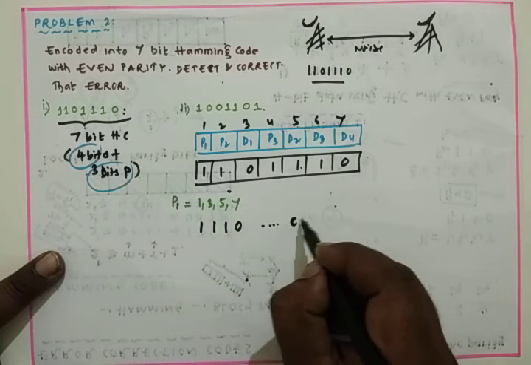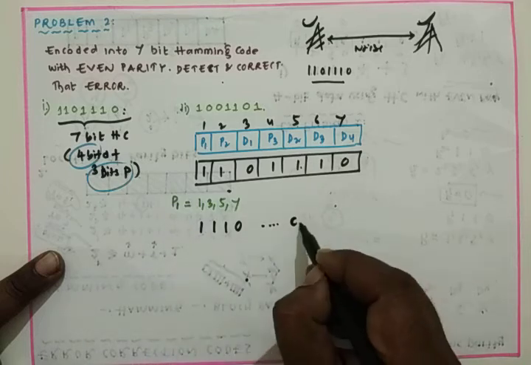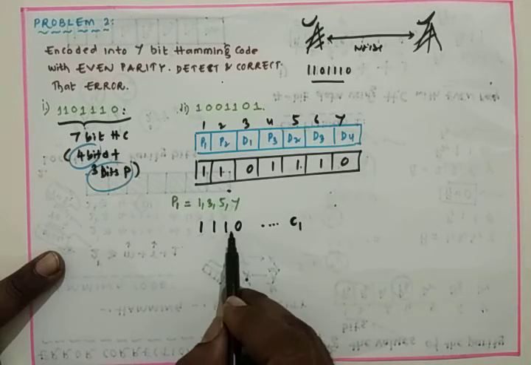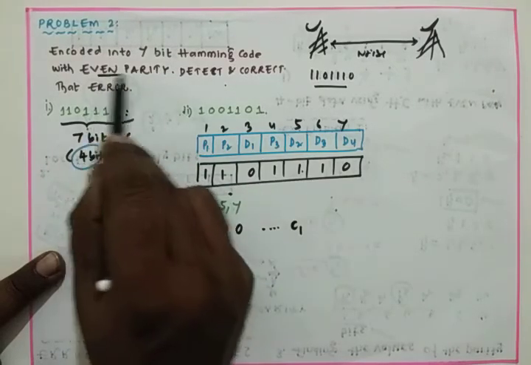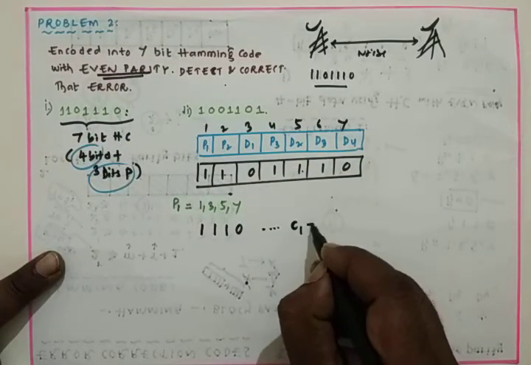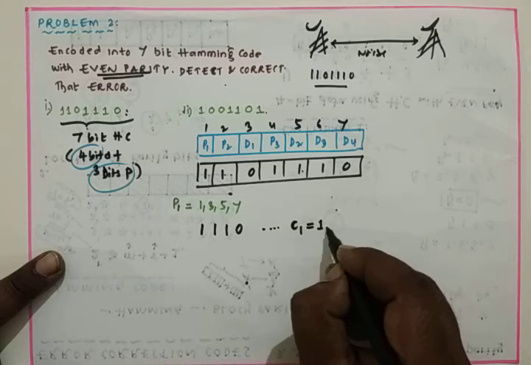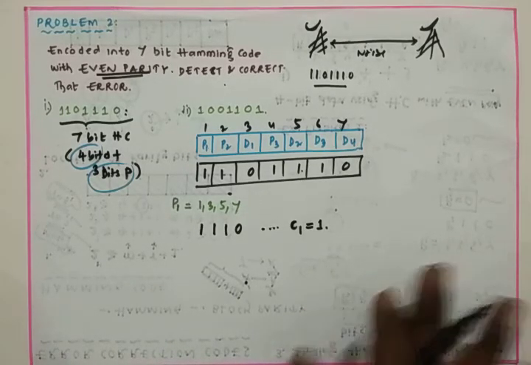Here C is the correcting code; since it is P1, I can call it C1. How many ones are there here? 3 ones are there. 3 means it is odd, but it is designed with the even parity, so here this has to be 1. Then only we can satisfy that even parity.